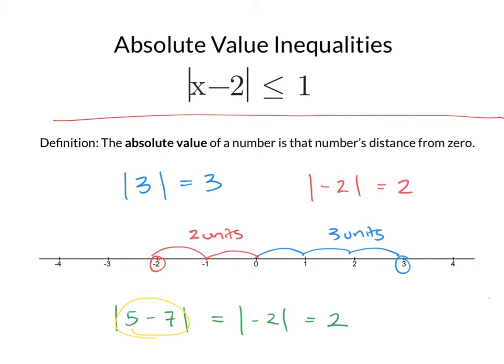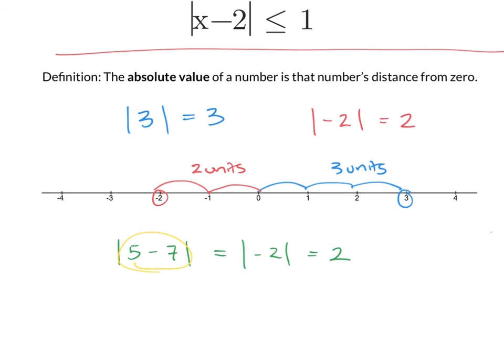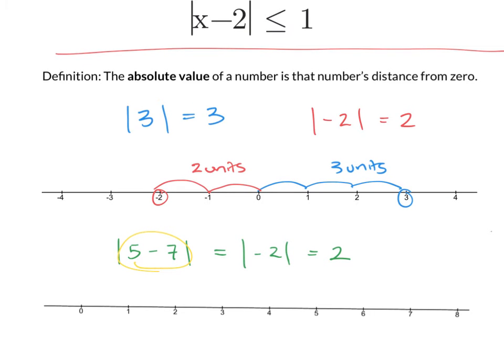But I want to point out an important idea here, which is that subtraction, which we normally think of as like 5 things take away 7 things, this also actually talks about distance, because really what I'm looking at is what is the distance between the numbers 5 and 7? Well, here we have our number line, and we've got the number 5 and we've got the number 7, and you'll notice that there are simply 2 units between them.